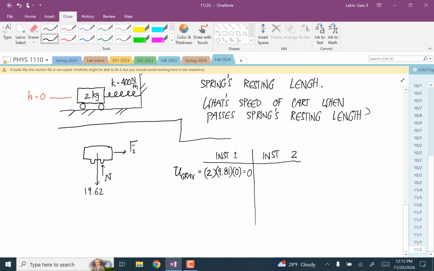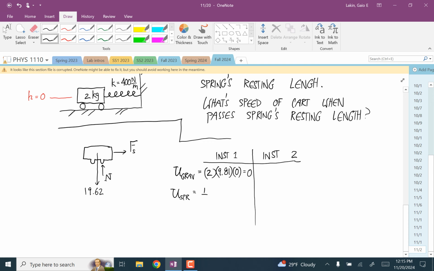And now the spring potential energy. The formula I gave you for spring potential energy is 1/2 times k times x squared, where x is how far you are from the resting length of the spring.